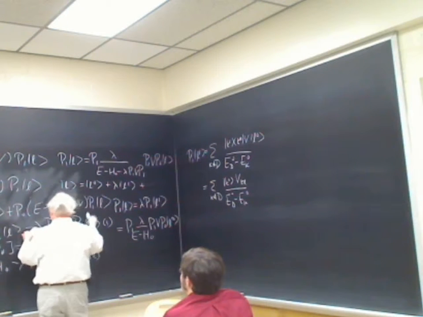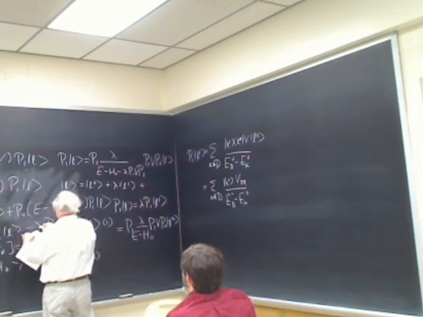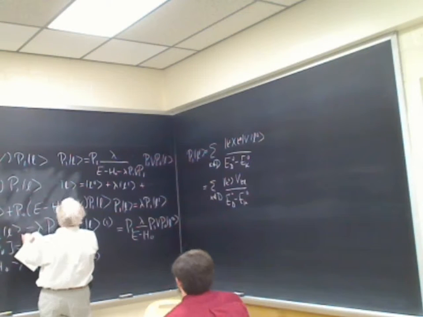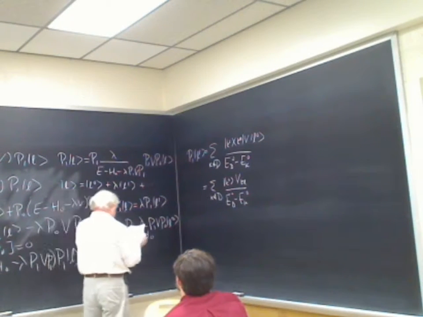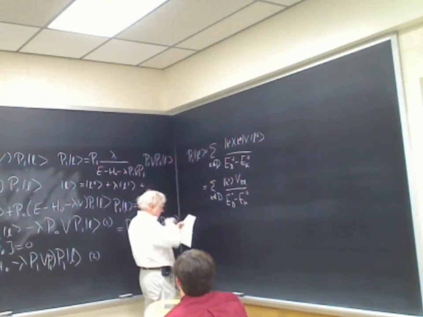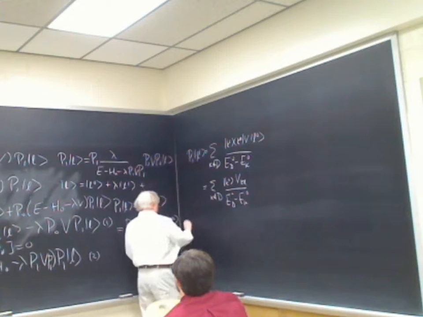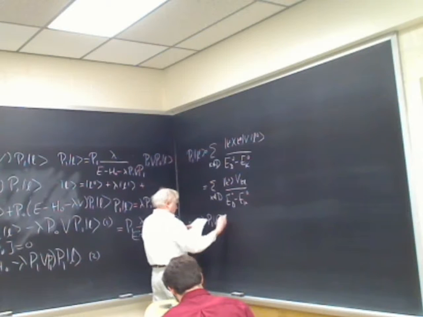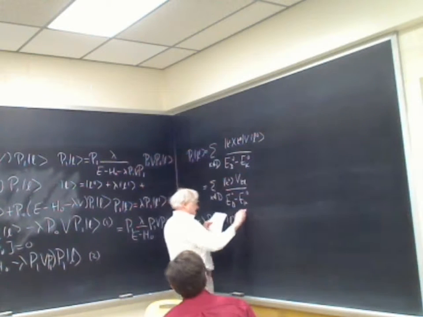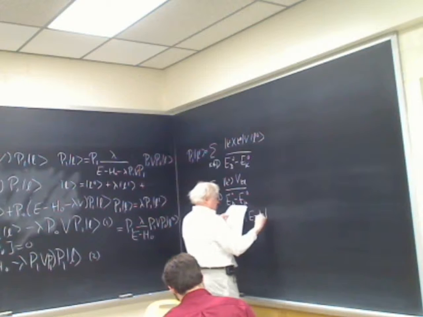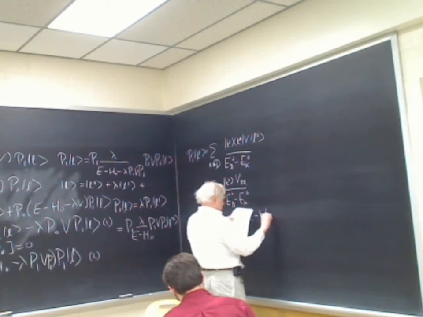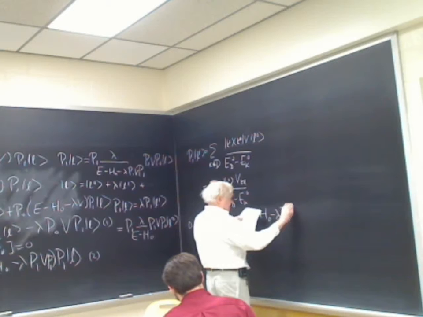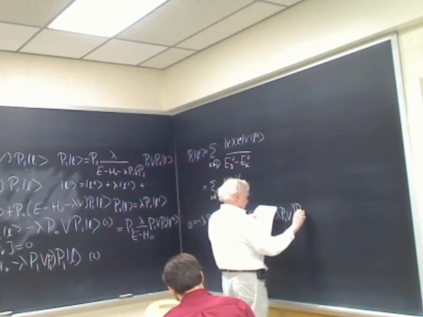In other words, we substitute for this right-hand side here. And when we do, we get a pretty complicated equation, keeping in mind, though, that P1 and P0 are orthogonal. What we get is 0 equals minus lambda P1V P0 L plus E minus H0 minus lambda P1V P1 L.